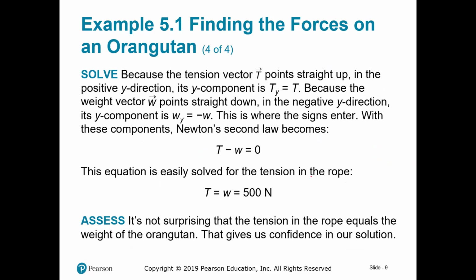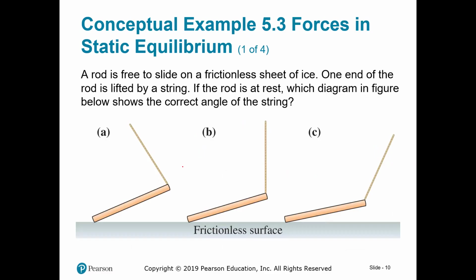Right? So very straightforward. And then one example here is a rod free to slide on a frictionless sheet of ice. One end of the rod is lifted by a string. The rod is at rest. At rest, equilibrium, net force is zero. So what forces are acting on this rod? Normal force from the surface, and tension from the string. These are the only two forces, and then its weight acting at the center.